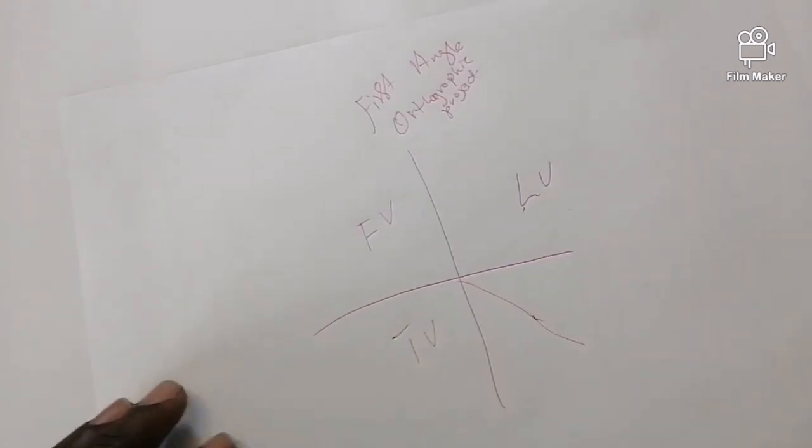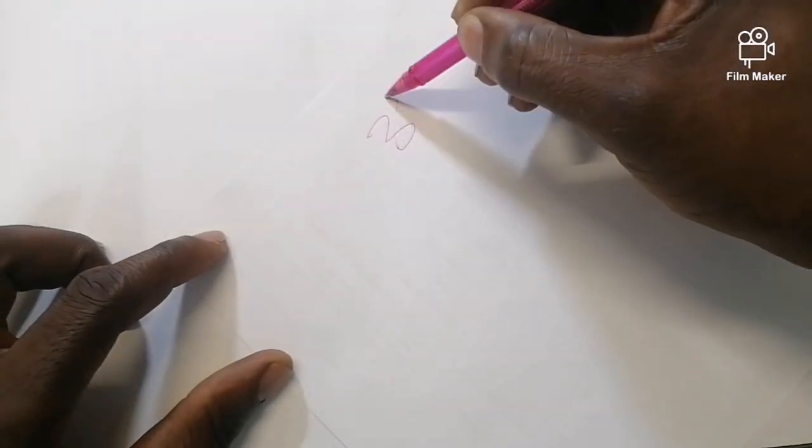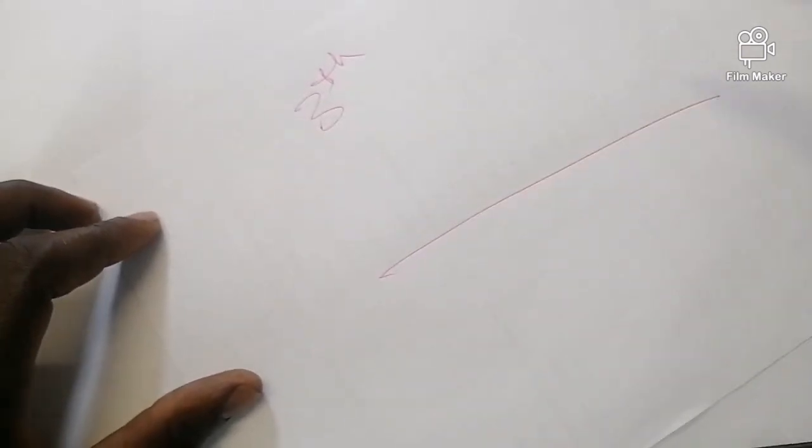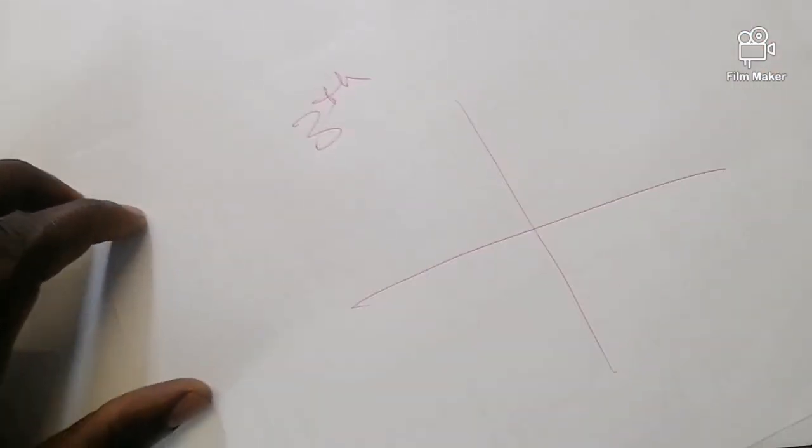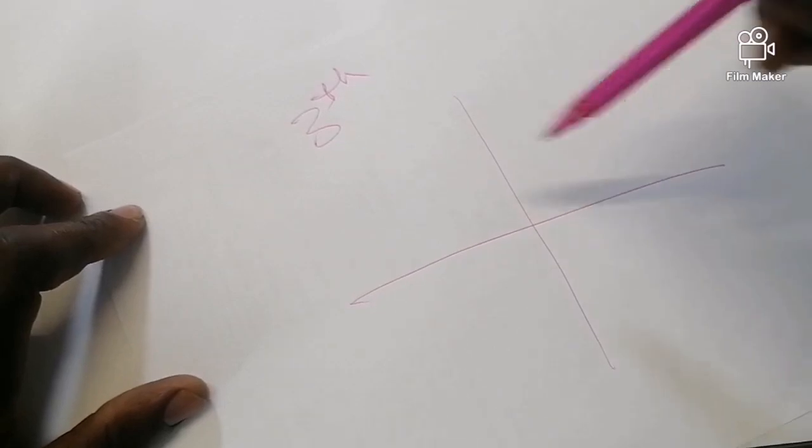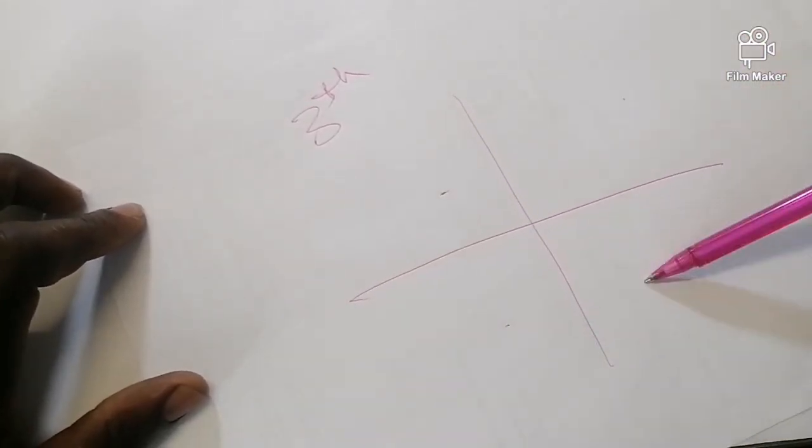But then when you said you must do third angle orthographic projection, again we're also having a Cartesian plane or a number line like this: first quadrant, second quadrant, third quadrant, fourth quadrant.